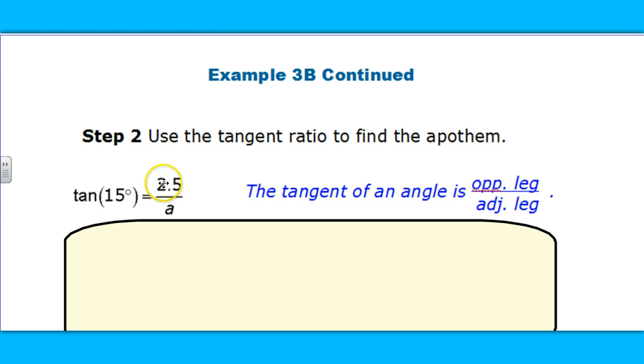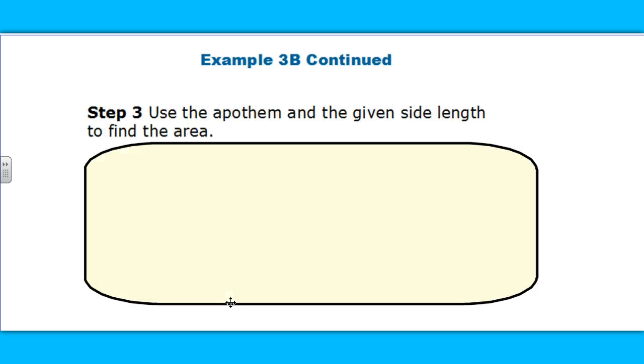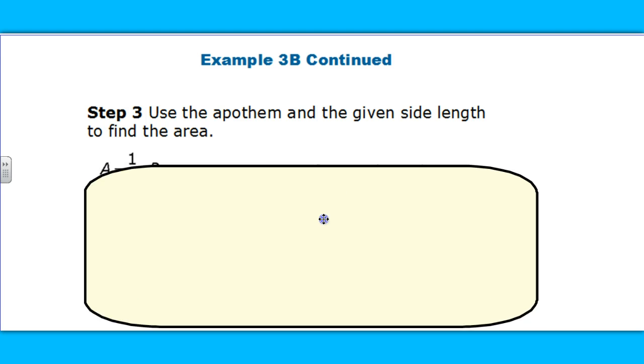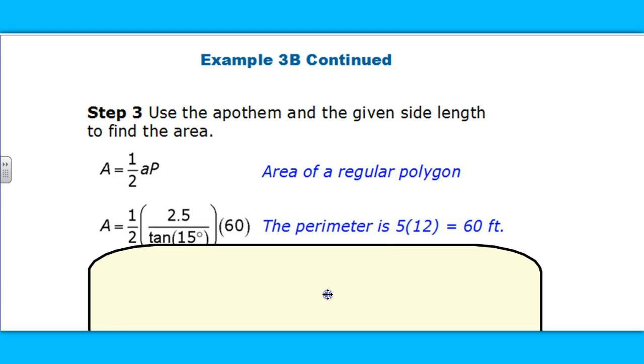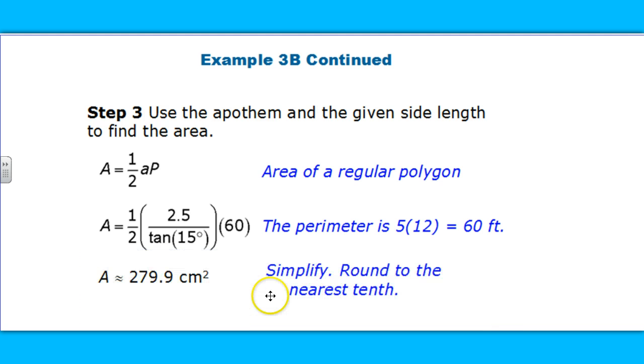We split the side in half, so we have opposite, 2.5, over the apothem equals tangent of 15 degrees. Now when we isolate A, we have 2.5 over tangent 15 degrees. There's your apothem. What would the perimeter be for a 12-sided figure when each side is 5? That's right, I'm sure you have it, and that would be 60. And now we simply use our area of a polygon formula, and you should have 279.9 centimeters squared.